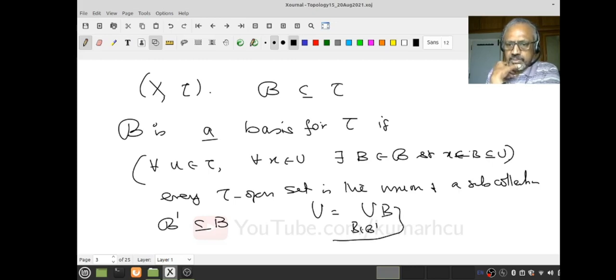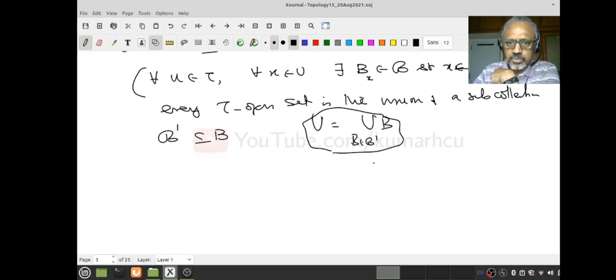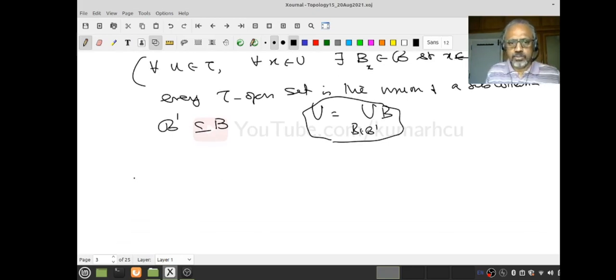This is pretty easy to say, but when I want to show something is a basis, this tells me what I have to do. It lets me focus on the problem. I have to start with an arbitrary open set and take some arbitrary element in that, then I have to find a B. This B may depend upon x, so we call it B_x. You understand?